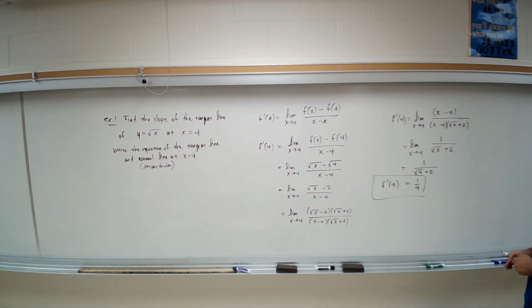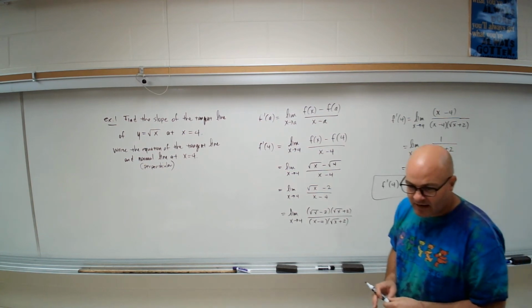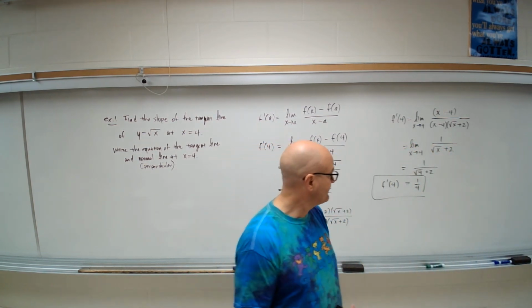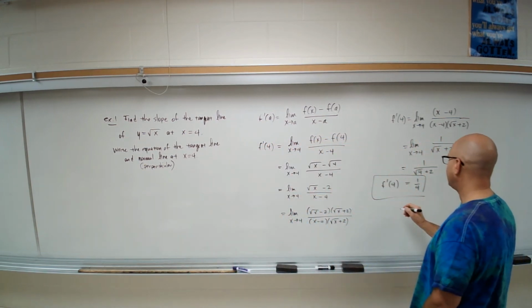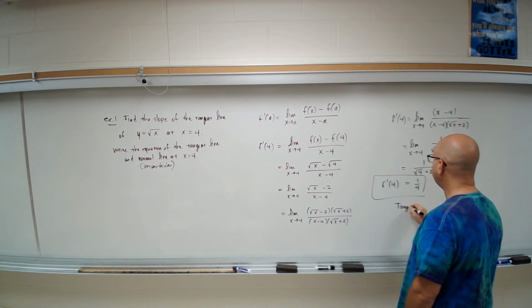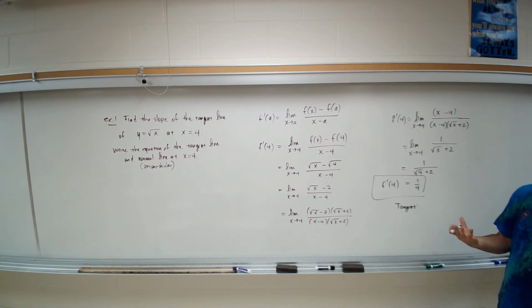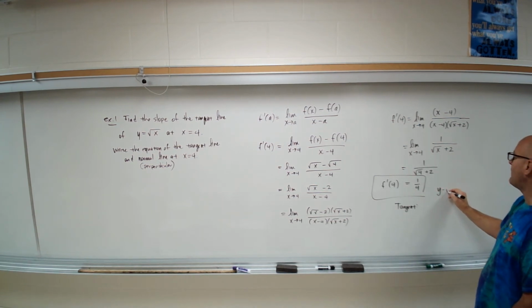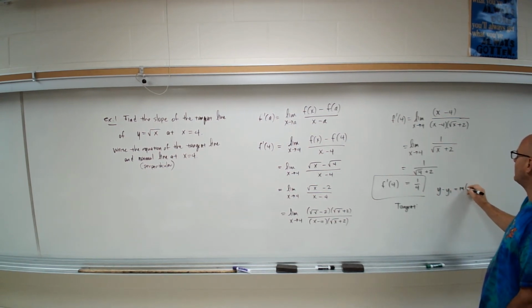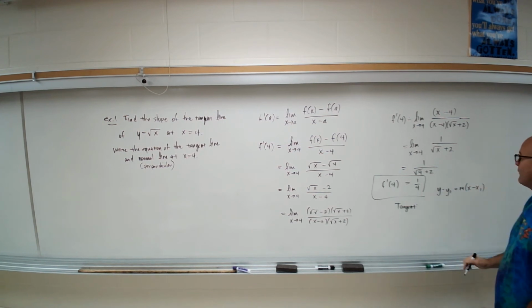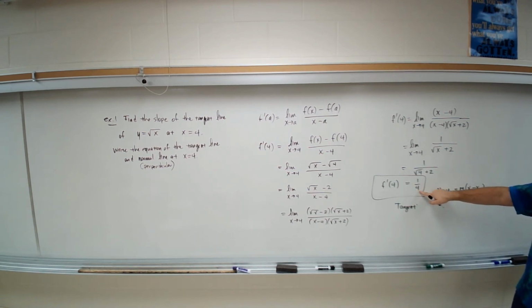Okay, now let's look at how we're going to write the equation of the normal line, or the tangent line. So to write the equation of the tangent line, we're going to use our point slope form, right, which was y minus y1 equals m times x minus x1. Well, we know the slope is right here, correct?